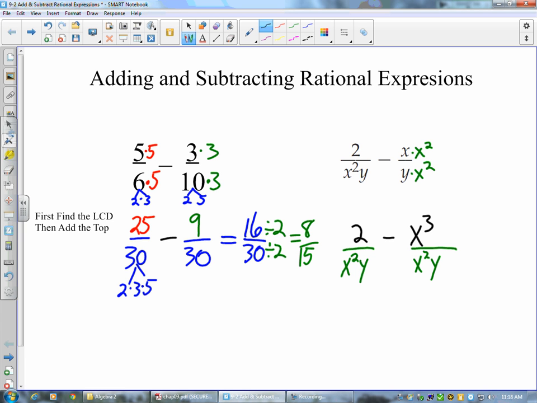In other words, a 2 and an x cubed can't be combined. So what we're going to do is just leave it, and let's say this thing equals 2 minus x cubed over, our bottom number won't change, x squared y. And that is how we can add and subtract rational expressions.